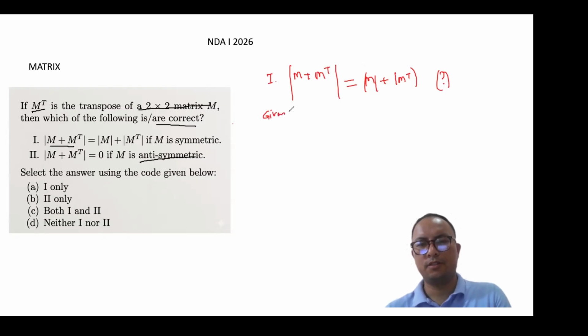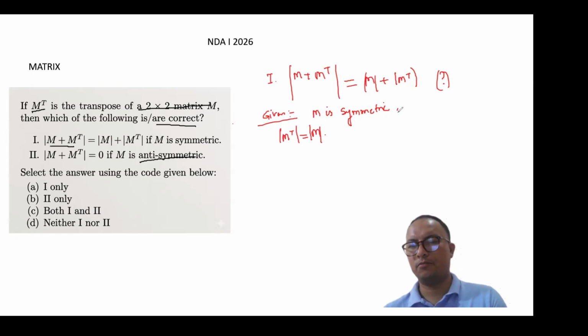M is symmetric. Now, the determinant of M transpose equals the determinant of M. Since M is symmetric, M transpose is equal to M. Now, this is number one.